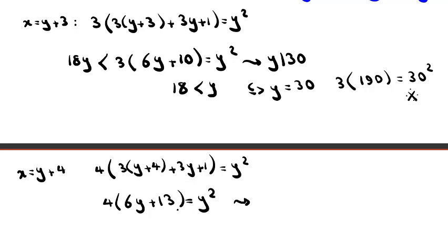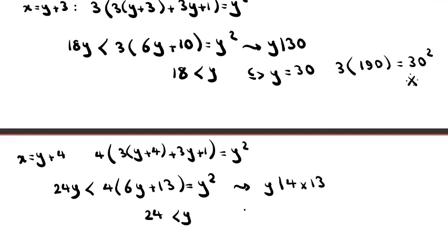So y divides 24y, and y divides this, so y divides 4 times 13. And it is greater than 24y, so if we divide by y, y is greater than 24. Y is even, so the only possible cases for y are greater than 24 and a divisor of this. The only possible cases are 26 and 52.